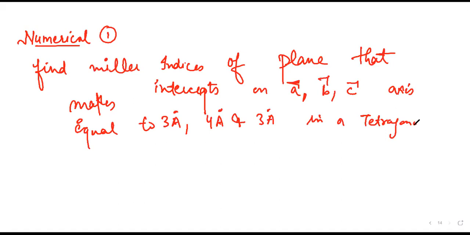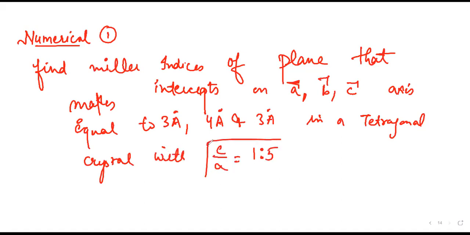I already told you the formula for interplanar spacing is the same for orthorhombic, tetragonal as well as cubic crystal. Tetragonal crystal with c by a ratio equal to 1.5. That is a very interesting and important question.